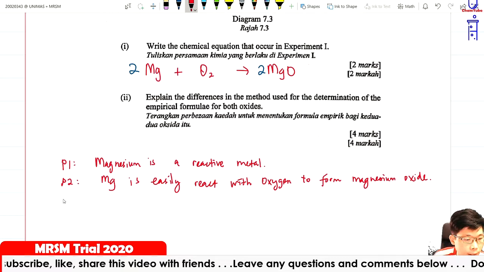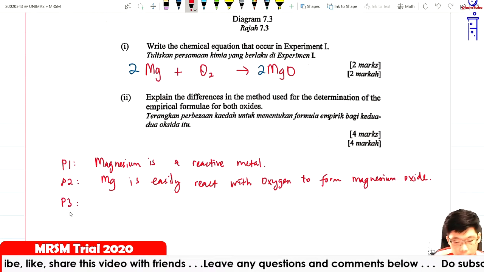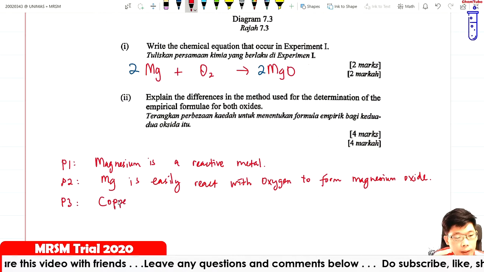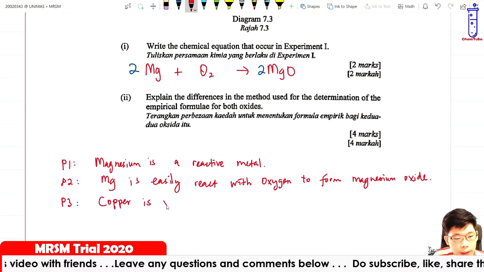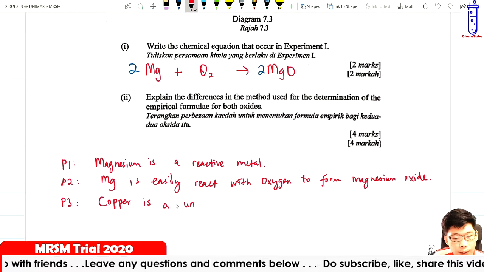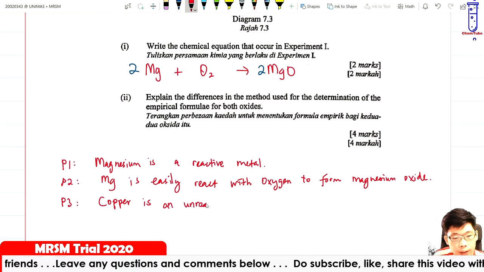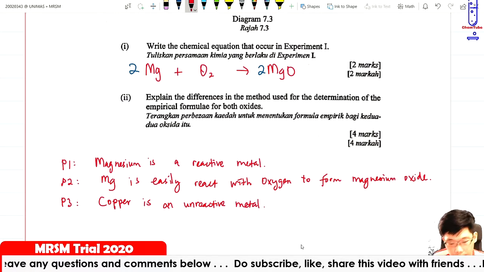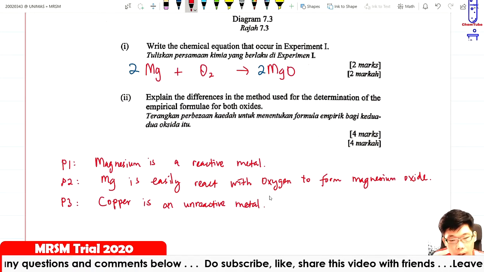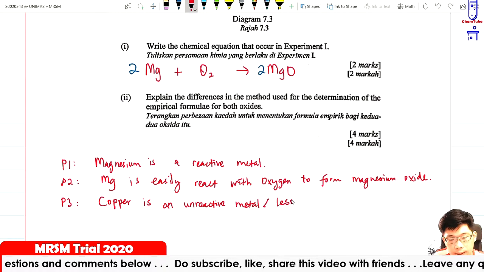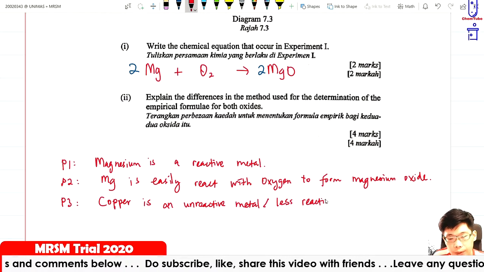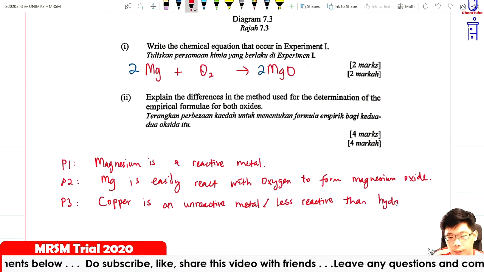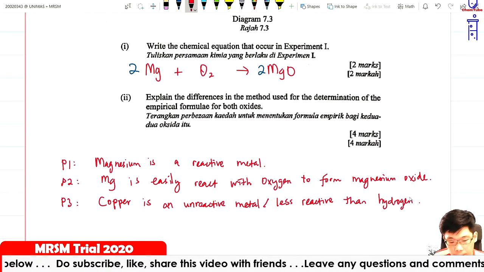So next point we can mention about the copper. Copper is an unreactive metal, or you can say less reactive than hydrogen.